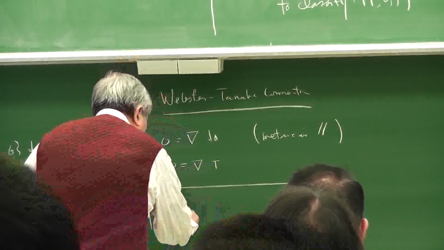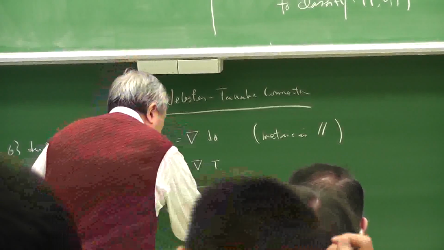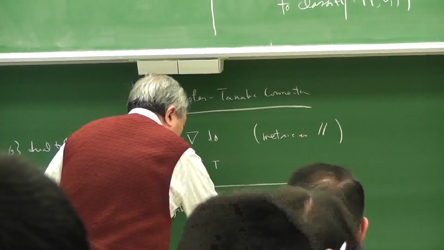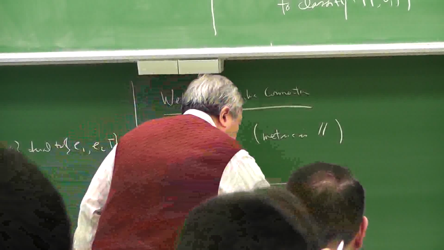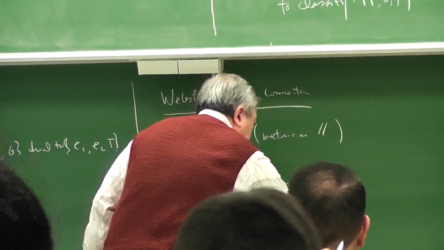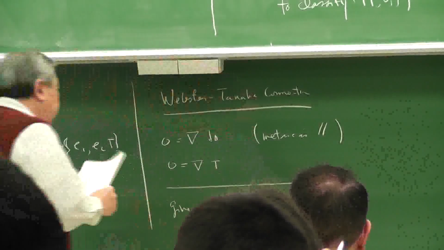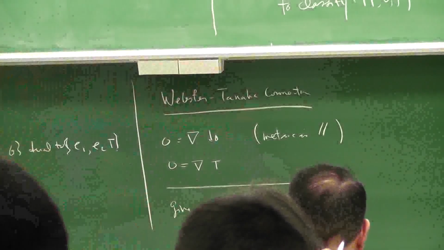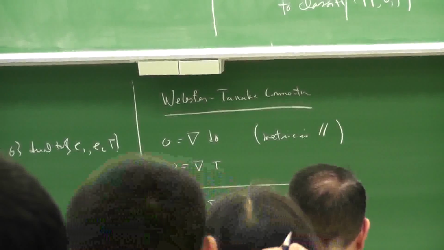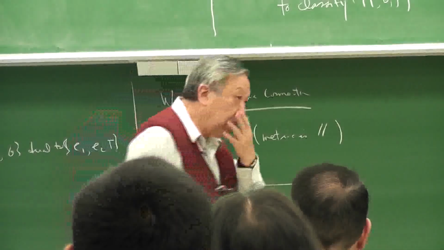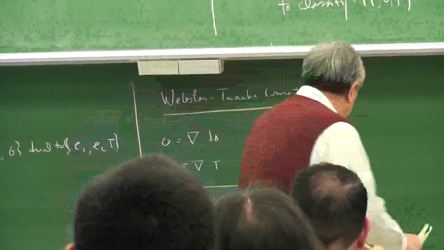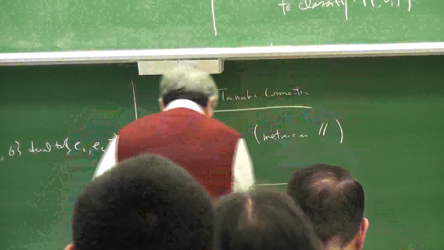So given this connection, here is curvature. Now the difference between this geometry and the Riemannian geometry is that this connection has torsion, just like the Hermitian geometry. This connection has torsion.